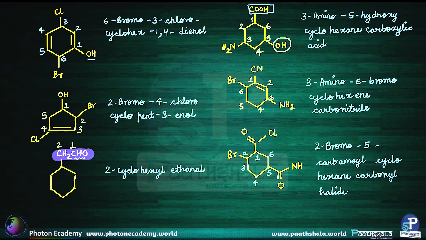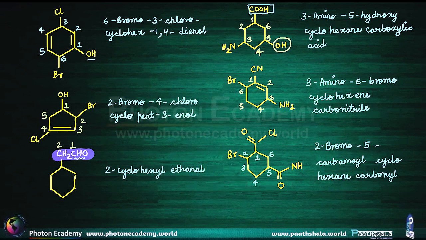Since we have this Cl present, we call this halide as chloride. So we can just write carbonyl chloride. So we have these as the IUPAC naming of the cyclic compounds.